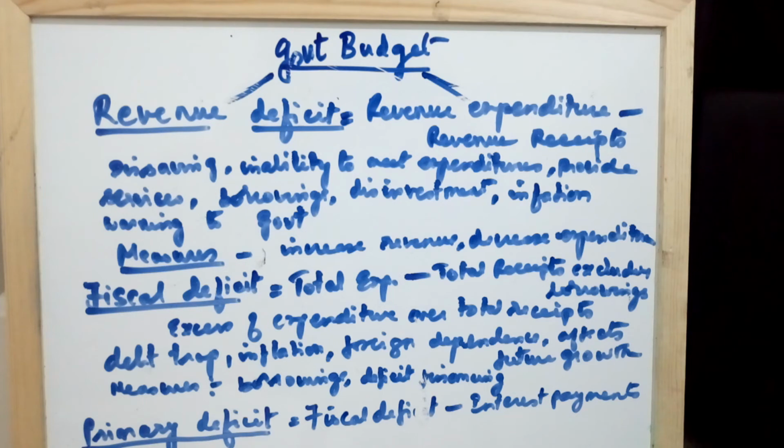A low or zero primary deficit indicates that interest commitments on earlier loans have forced the government to borrow. So the interest payments make the government borrow again and again on a larger scale. So that has to be reduced. Measures have to be taken to reduce the payment of interest.